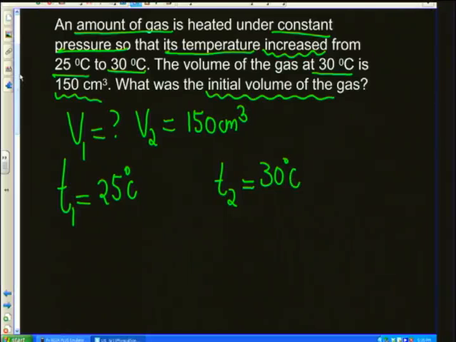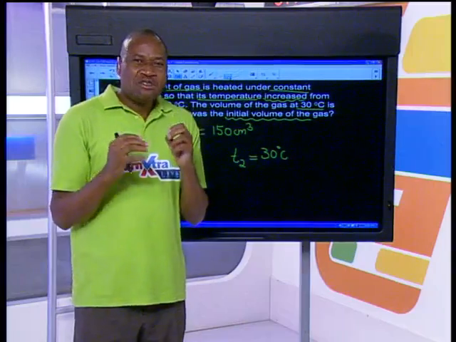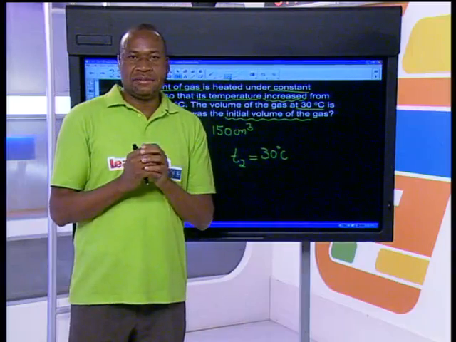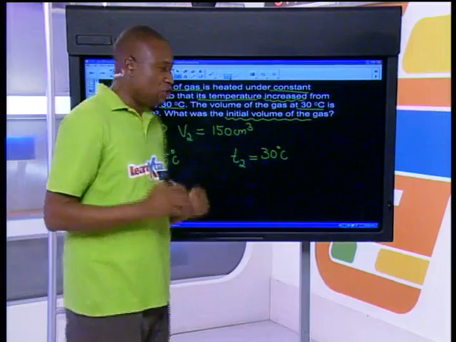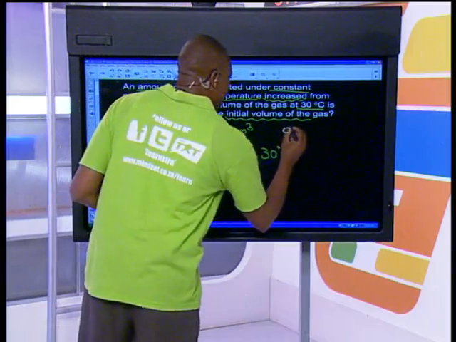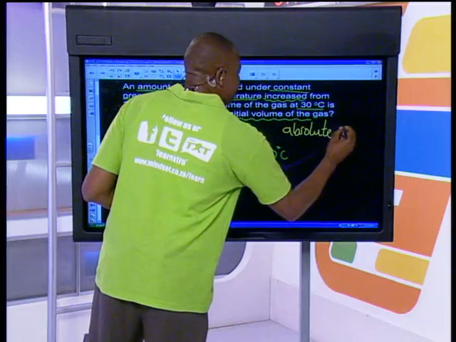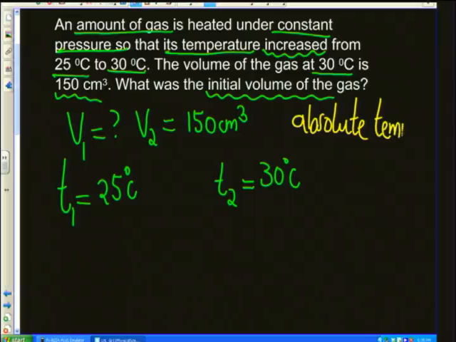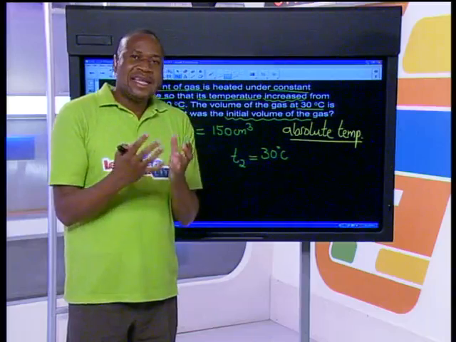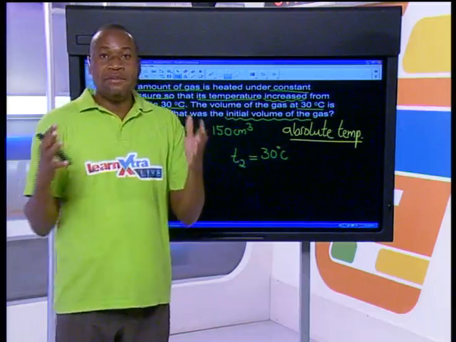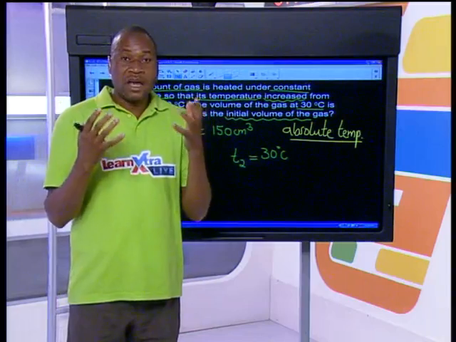But it is very important for you to know that Charles' law speaks about absolute temperature. So if you are given temperature in degrees Celsius, you need to convert that into Kelvin temperature to be able to do your calculations correctly.